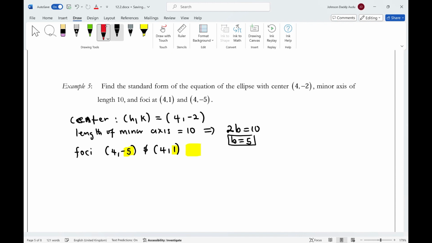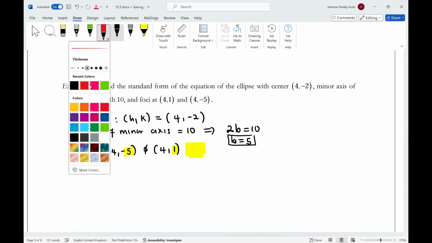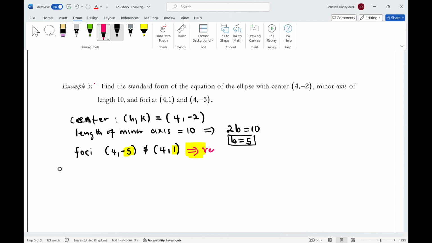So this definitely is a vertical ellipse, and you can easily write down the equation.